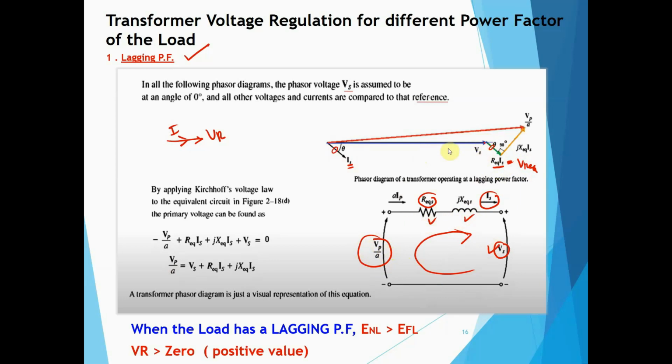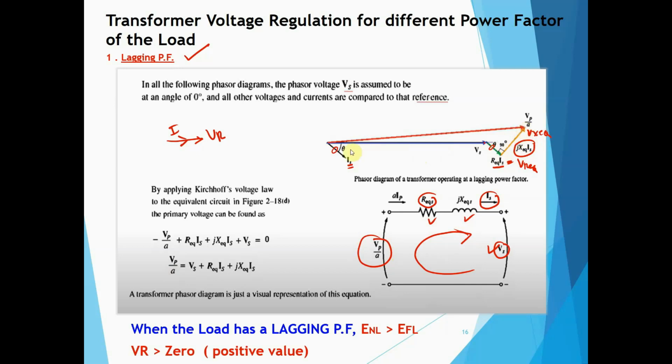So VS plus VREQ plus the voltage of XEQ, which is at 90 degrees here because the current is lagging. So we have VXEQ, this portion, this yellow line.